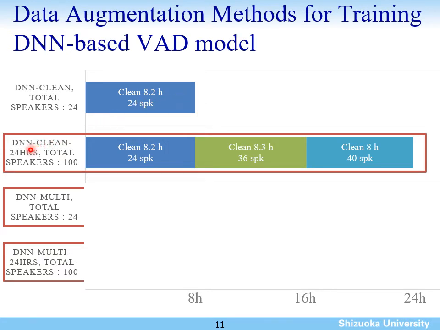In the case of DNN Clean 24 hours, we have added 2 times larger additional data to DNN Clean dataset and tripled it in size. Along with the length of data, the number of speakers grows from 24 to 100. It implies increasing variations of speakers in clean data.